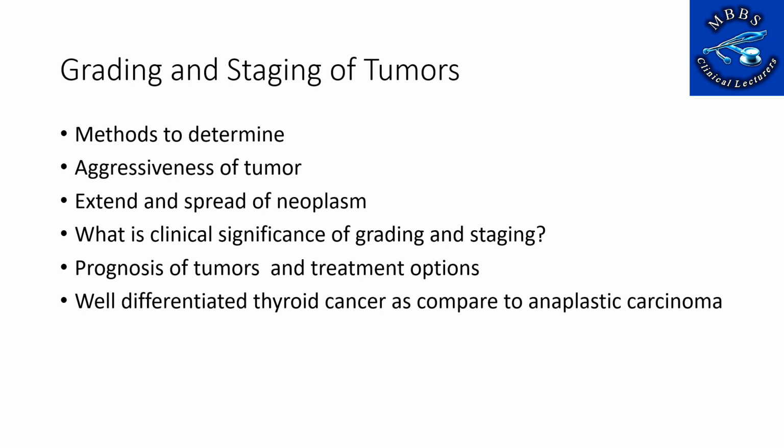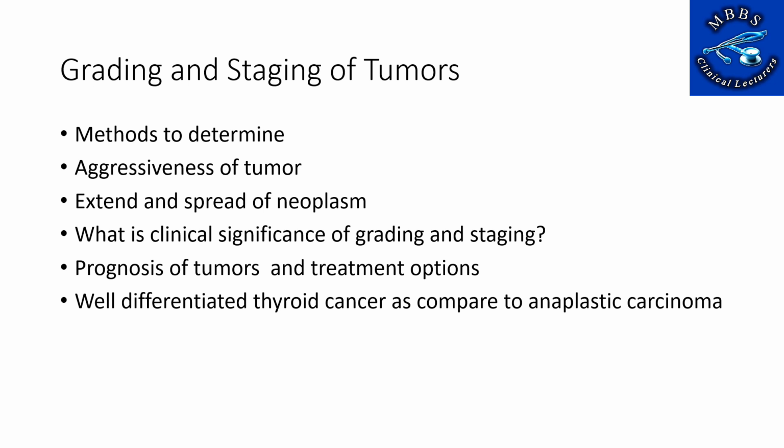For example, if we take the example of the tumor of the thyroid, if one patient is given the diagnosis of a well differentiated thyroid cancer and the other one the diagnosis of an anaplastic carcinoma, the surgeon will come to know that the well differentiated thyroid carcinoma has a somewhat good prognosis as compared to the anaplastic carcinoma.